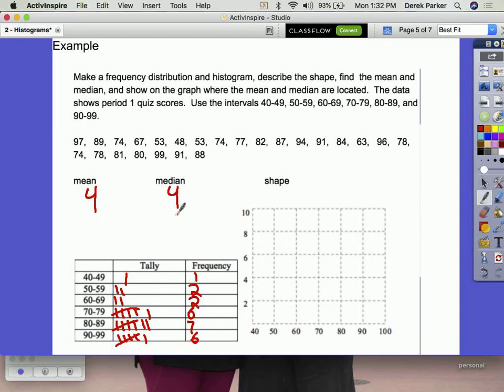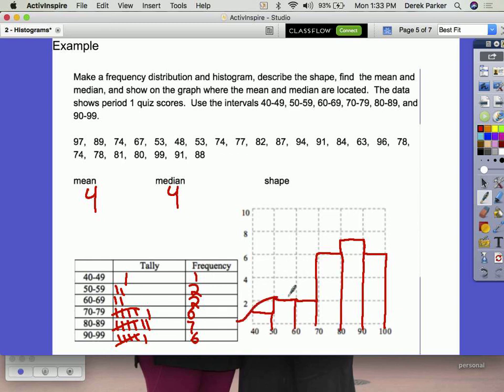So now let's graph it. 40-49 is 1. 50-59 is 2. 60-69 is 2. 70-79 is 6. 80-89 is 7. And then 6. So your graph is going to look like this.